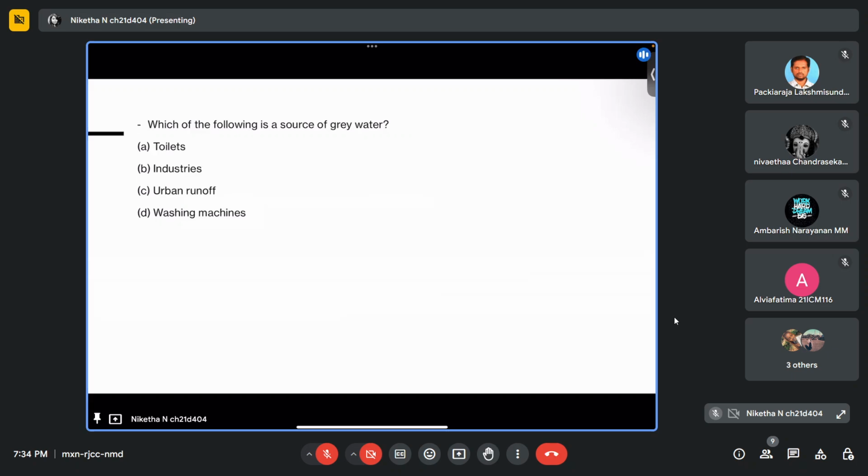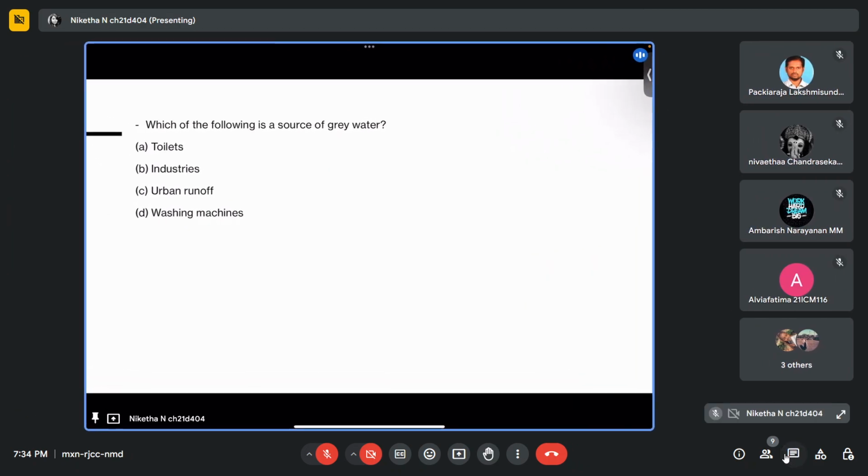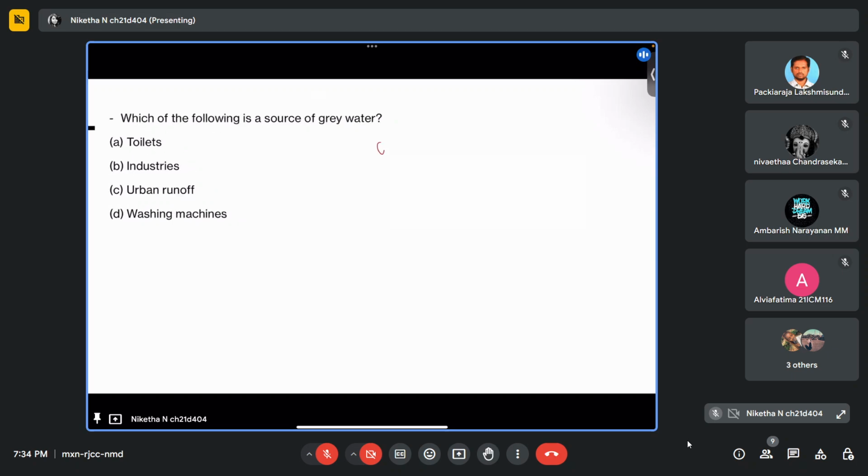Next question. Which of the following is a source of grey water? Can you answer this? Yeah, that's right, Hope. Washing machines are a source of grey water. Sewage is classified into two types: grey water and black water.